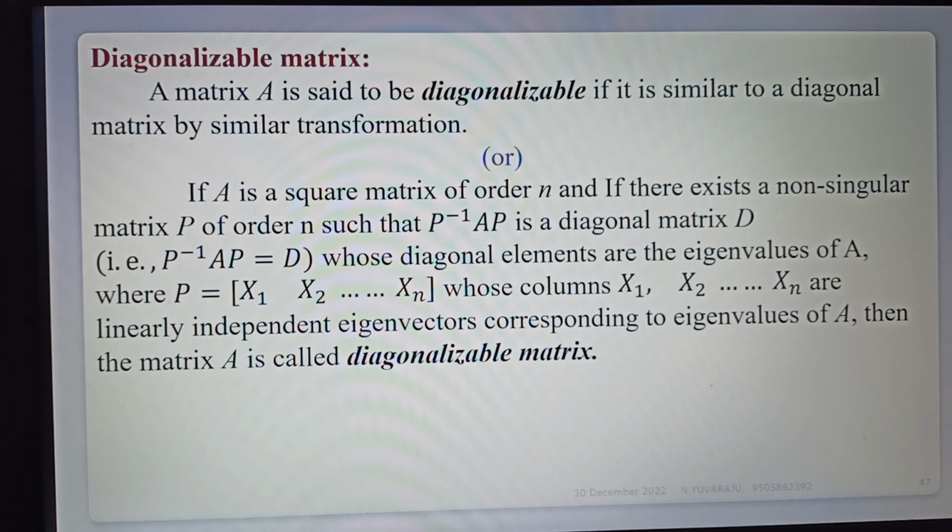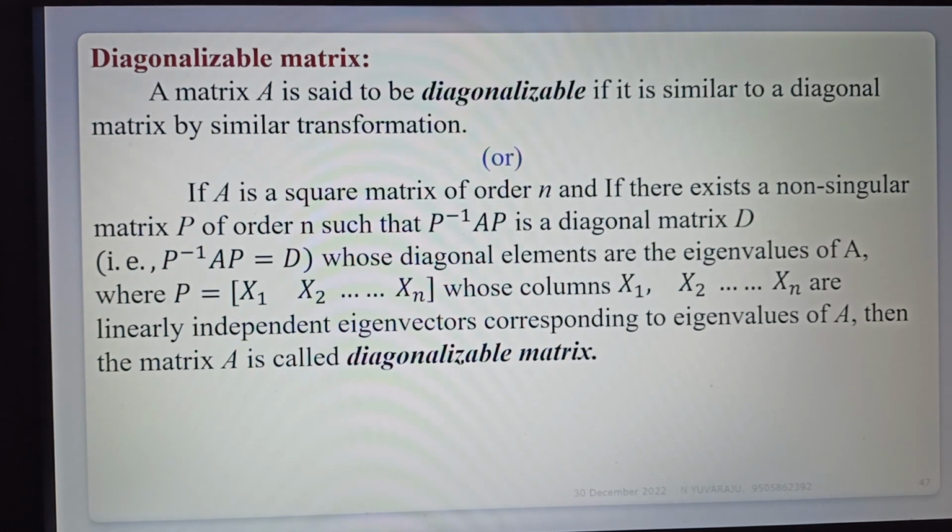That matrix is the diagonal matrix. So that diagonal matrix and the given square matrix A are both similar. Similar means that the matrices have the same eigenvalues.